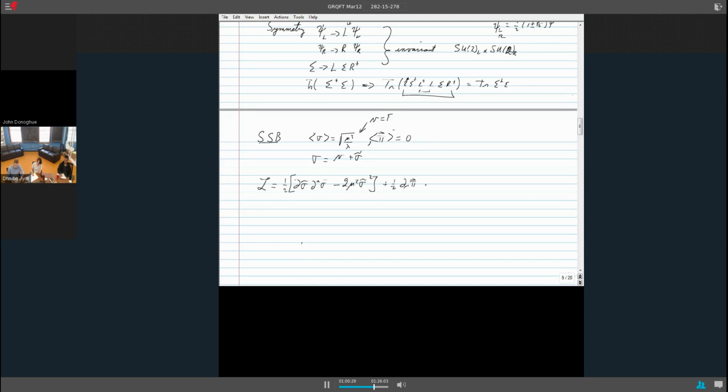There's a minimum of that potential, the way I've defined it with the minus sign in the potential, that we can place in any direction we want, but we'll place it in the sigma direction. At the minimum, the sigma field is the square root of mu squared over lambda. The pi field at that place is 0.